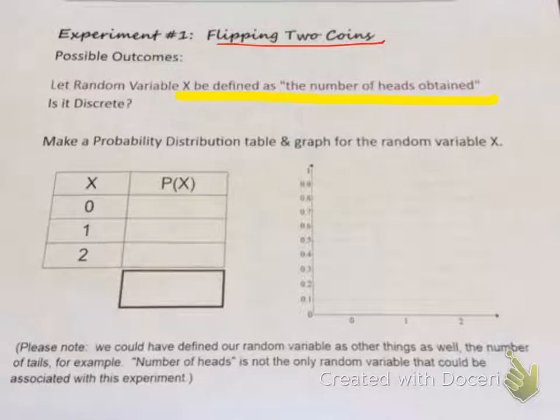If I flip two coins, I have the possibility of getting a heads and a heads. I have the possibility of getting a tails and a tails. Or I could have a heads and a tails, or a tail on the first coin and a head on the second one. So these are the only four ways that I can flip two coins.